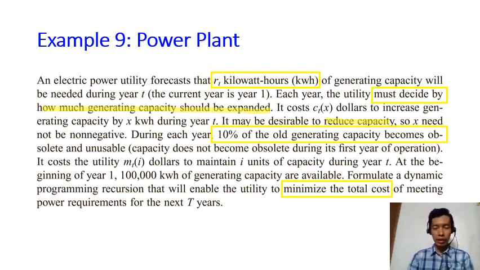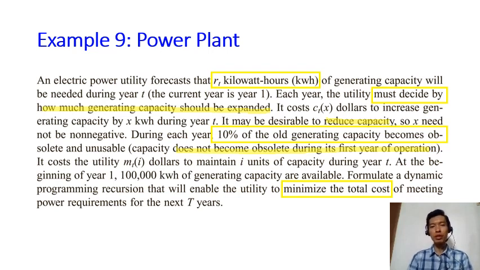And the next thing here is that 10% of the old generating capacity becomes obsolete and unusable. However, the capacity that you just built during this year does not become obsolete. Whatever you built this year is still okay.